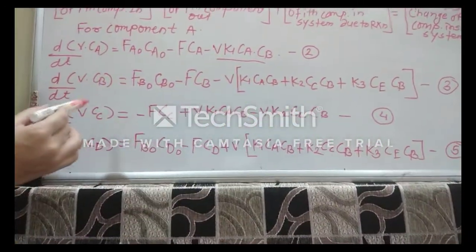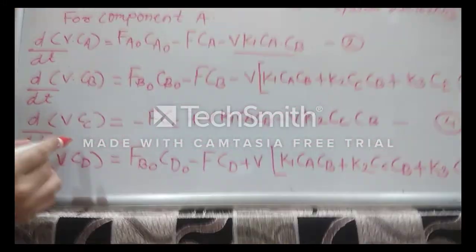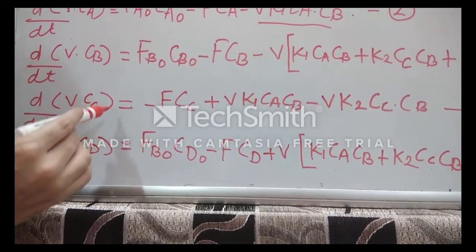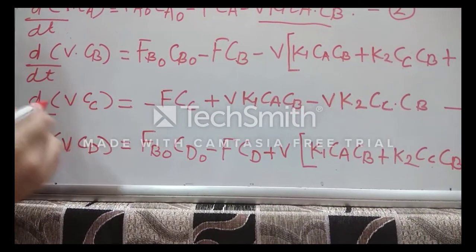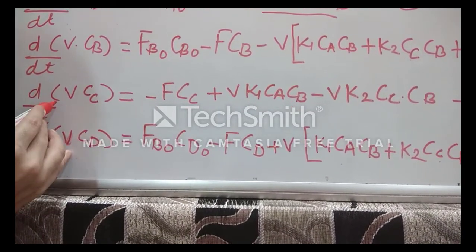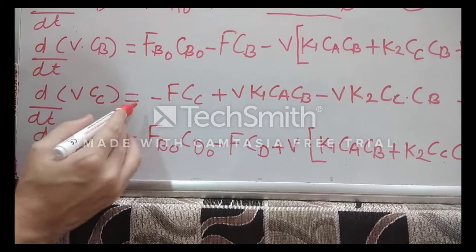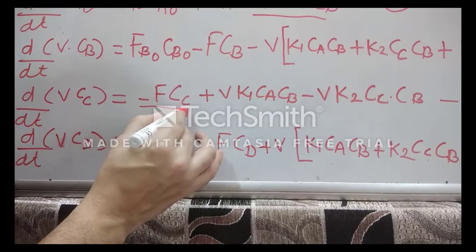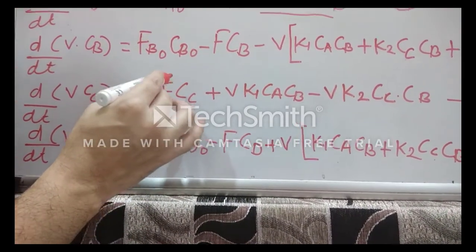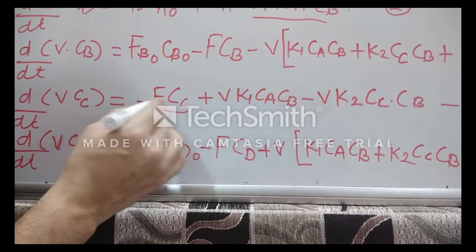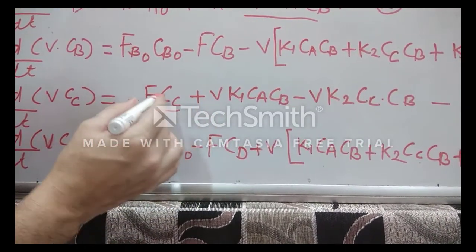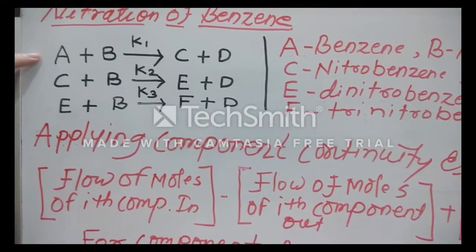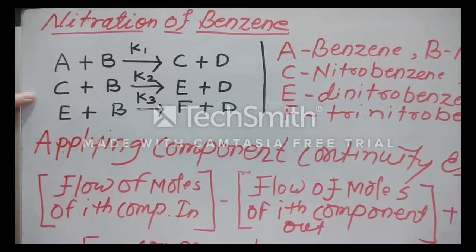Now we'll write the component continuity equation for component C. Component C is nitrobenzene, which is a product and is not present in the inlet stream. So we can write the equation d by dt of V into Cc is equal to minus F into Cc. This is the outlet stream, the flow of moles of C leaving the system, plus, as Cc is present in two reactions, in the first reaction it is a product and in the second reaction it is a reactant.